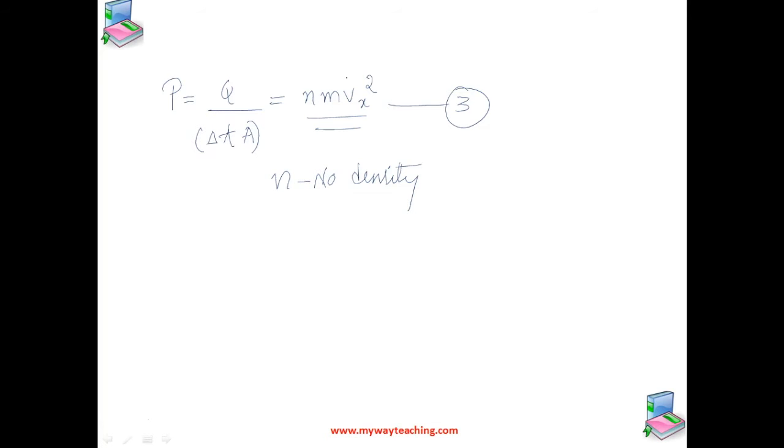And the total pressure is obtained by summing over the contribution due to all groups. This is about a single group. When we consider all groups, we get the total pressure, isn't it?